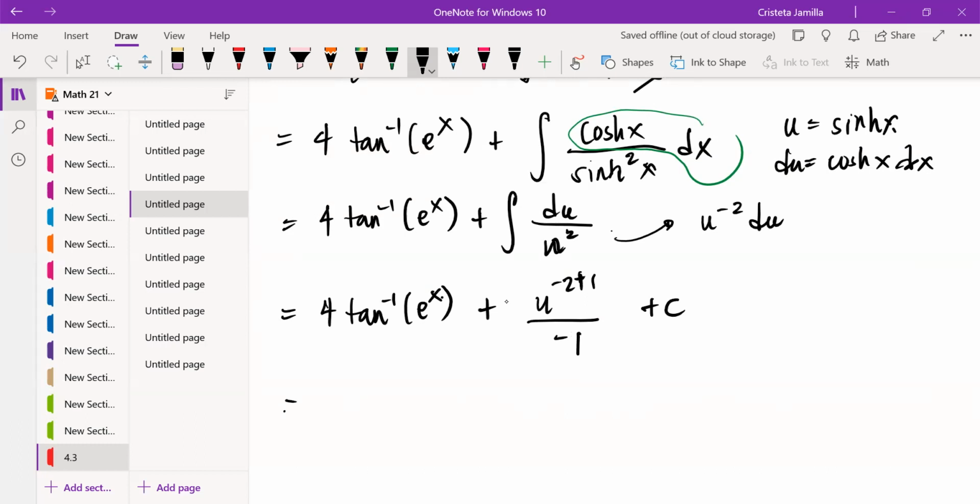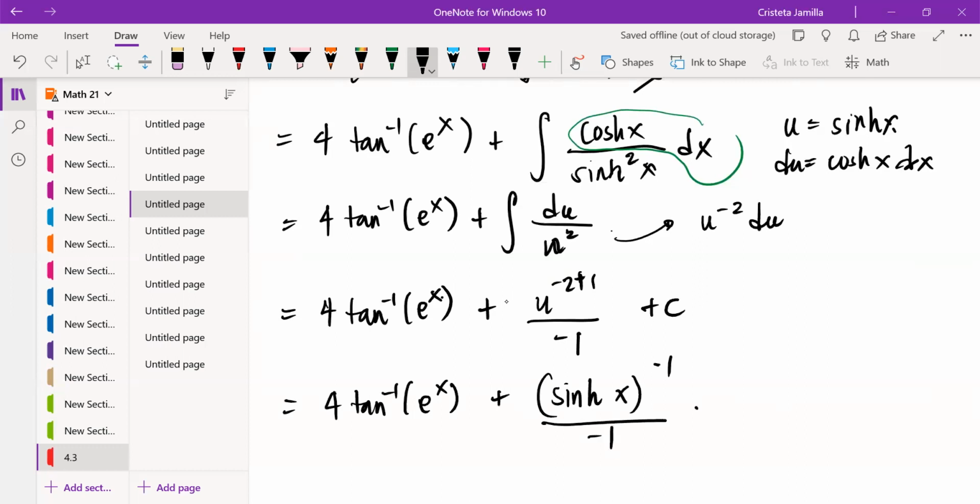So we have 4 tangent inverse of e raised to x plus, u raised to negative 1 over negative 1, so sine of x raised to negative 1, plus c.